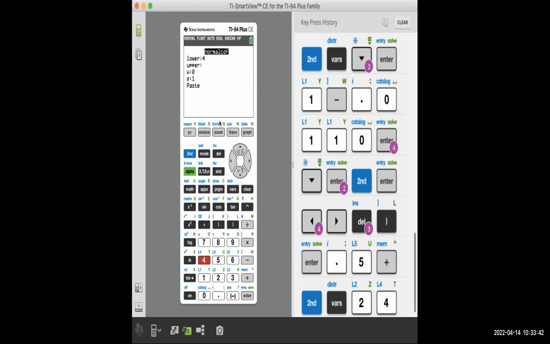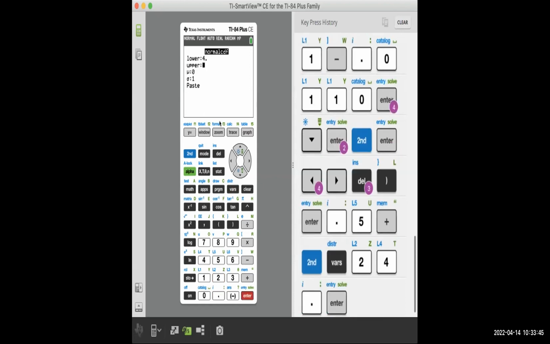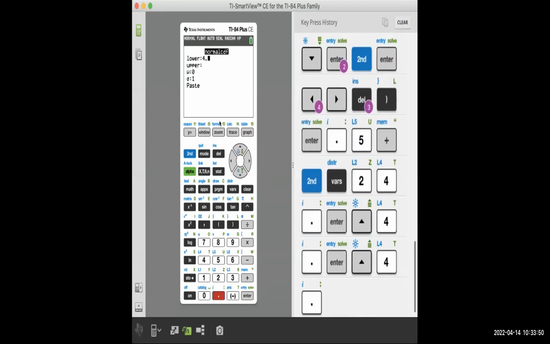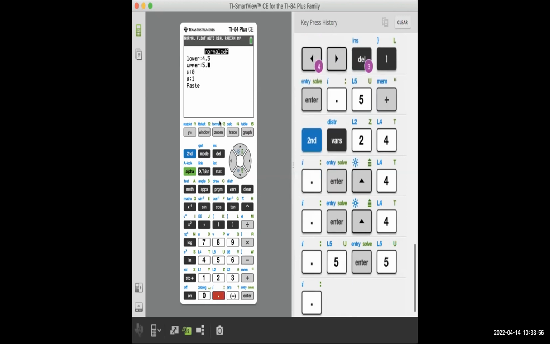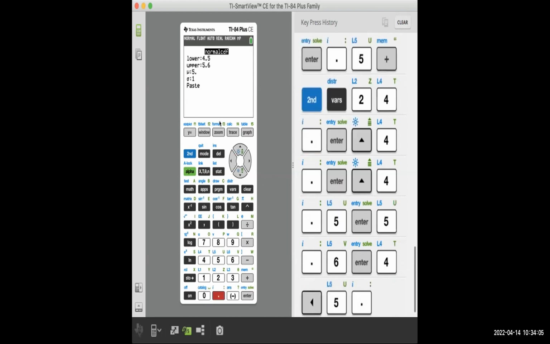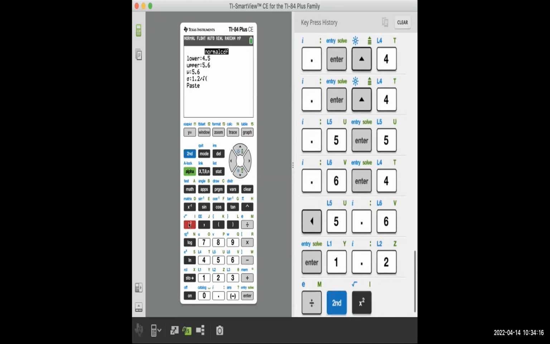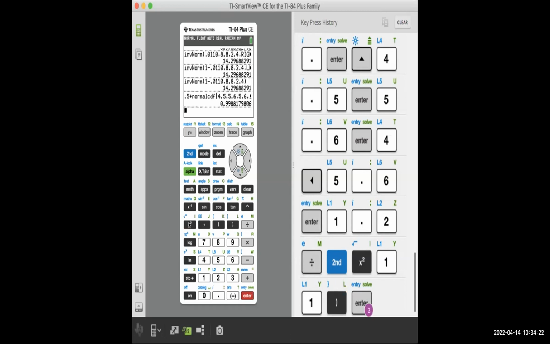I'll start at 4.5. I'll end at 5.6. The mean is 5.6. The standard deviation is 1.2 divided by the square root of 11.